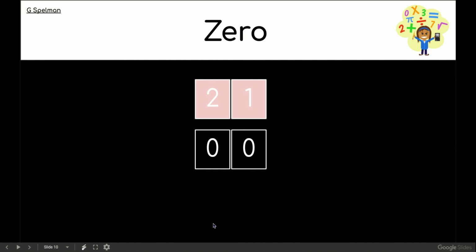We're now going to count to 3 in binary, and the reason we're doing that is because when you learned how to add in denary, you already knew how to count. So 0, 1, 2, 3.